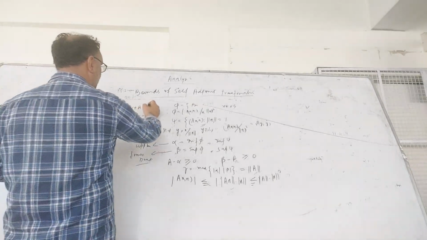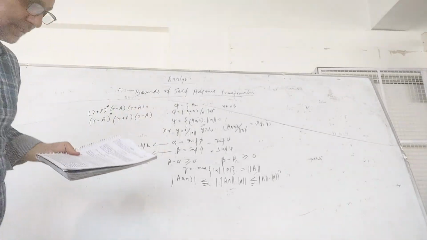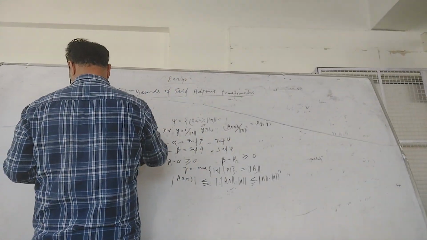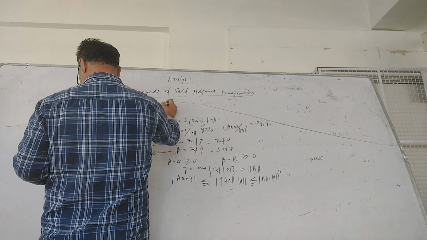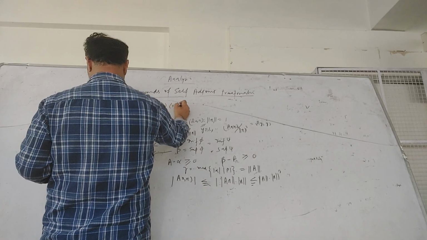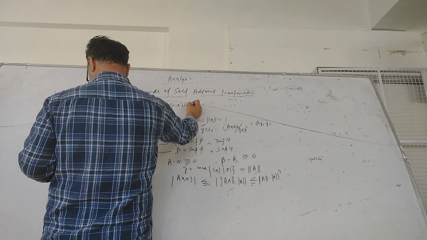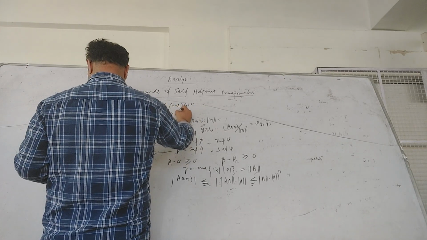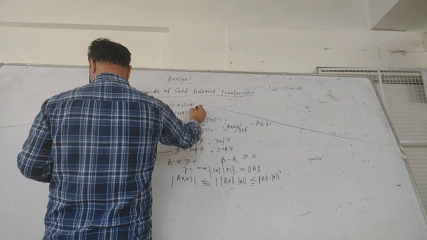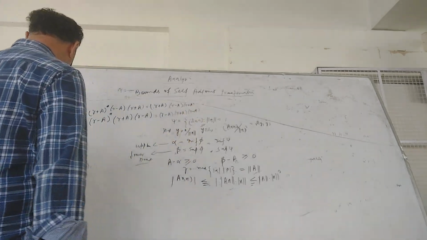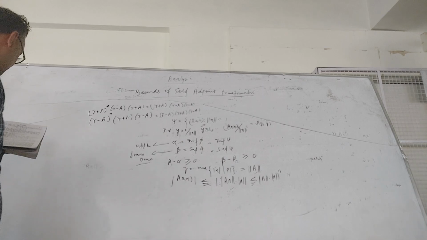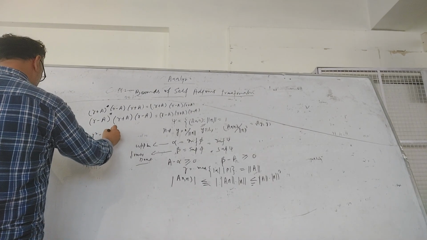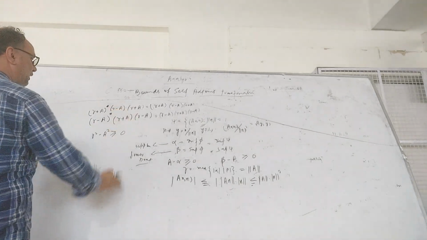So this can be equivalent to gamma plus A, gamma minus A, gamma plus A. This is equivalent to gamma minus A, gamma plus A, and gamma minus A. These are positive, so we can add them together to get gamma square minus A square. We can do some algebra with these two expressions.